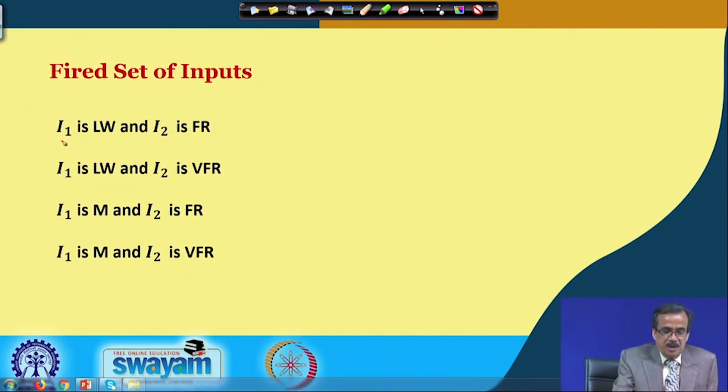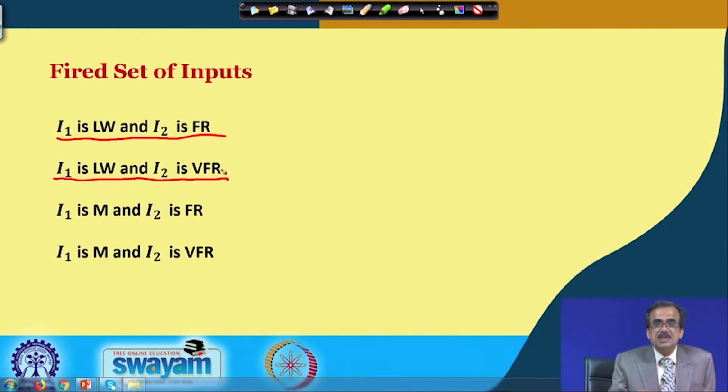If I 1 is low and I 2 is far, this is the first set of fired input variables. The second set is if I 1 is low and I 2 is very far. Then the third set, if I 1 is medium and I 2 is far, and the fourth set of fired inputs is if I 1 is medium and I 2 is very far.